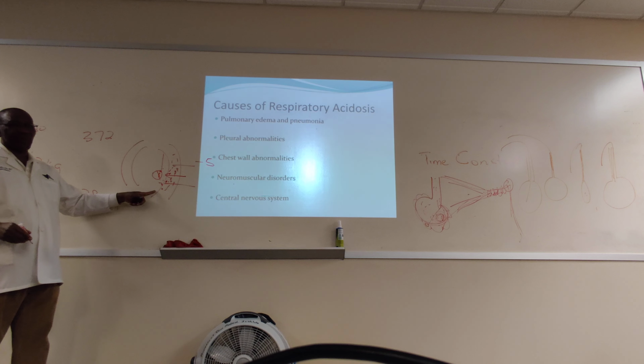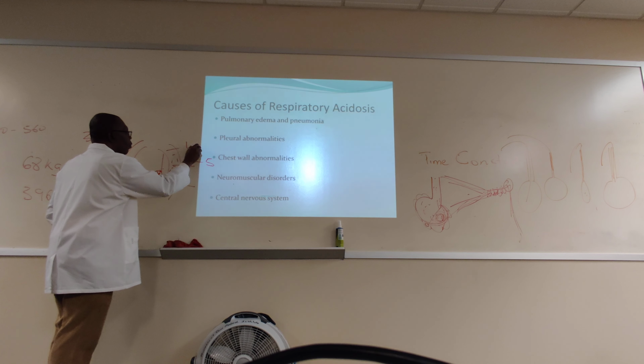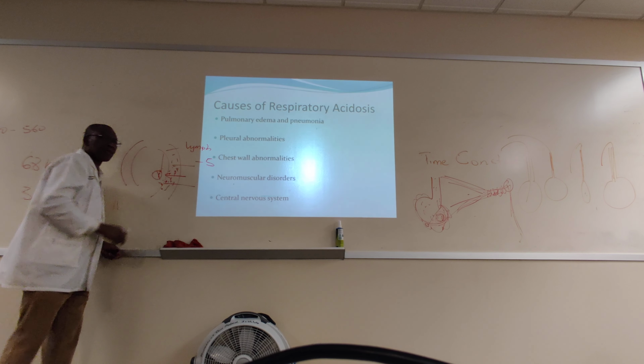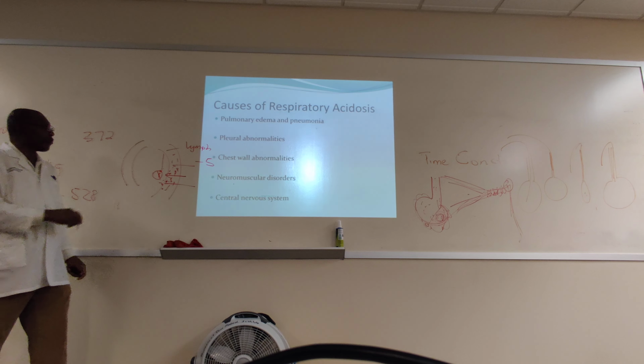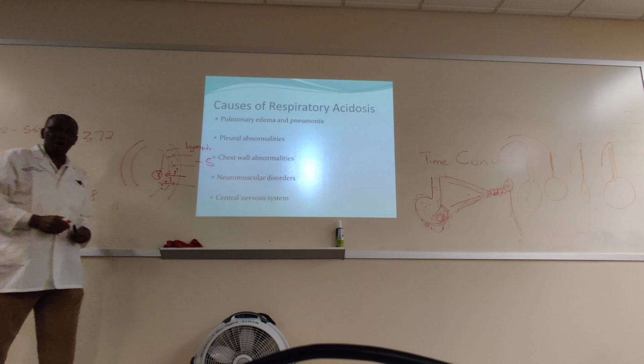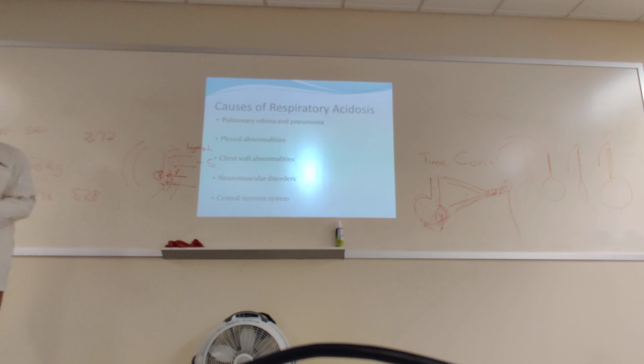That will cause the pressure to rise. You have lymph in there, that will cause it. You have blood in there, that's hemothorax. That will compress your lungs. So if your lungs can't do this, then you're not going to let them, your CO2 is going to rise.